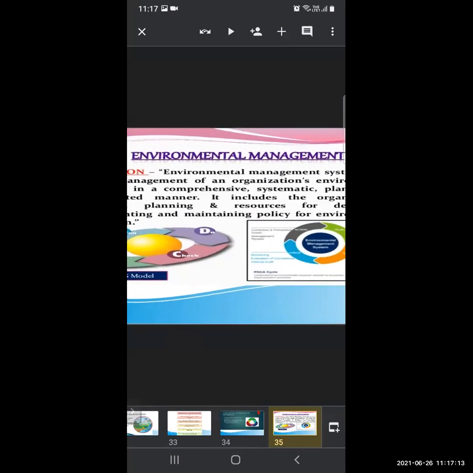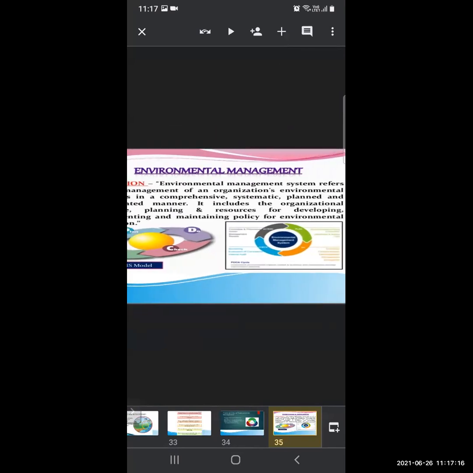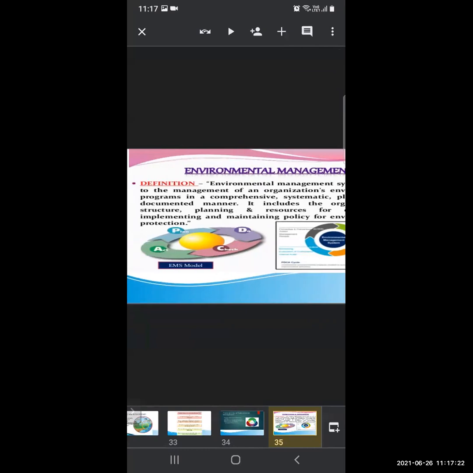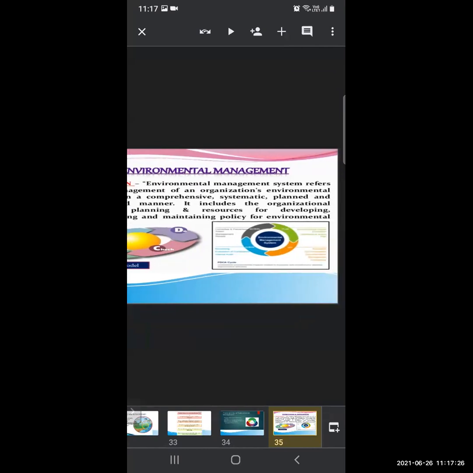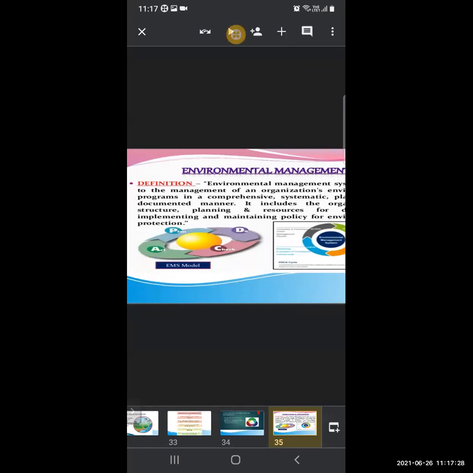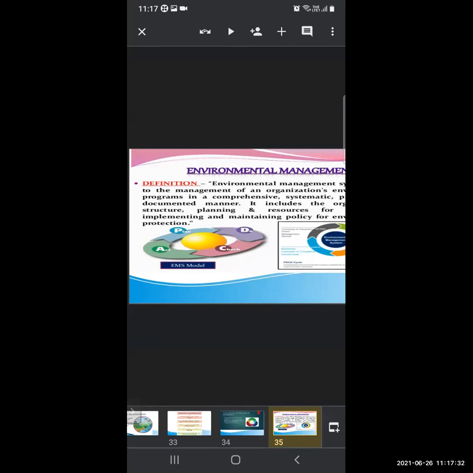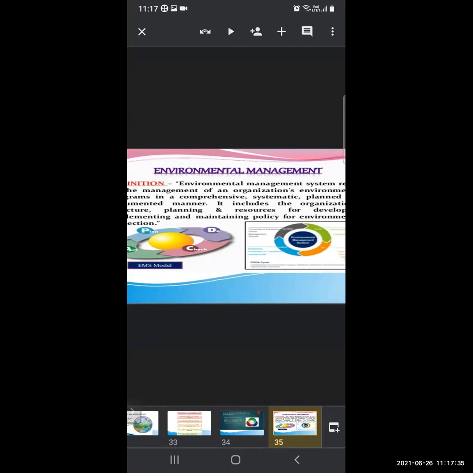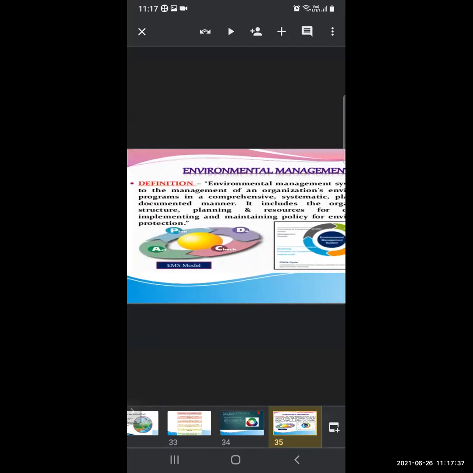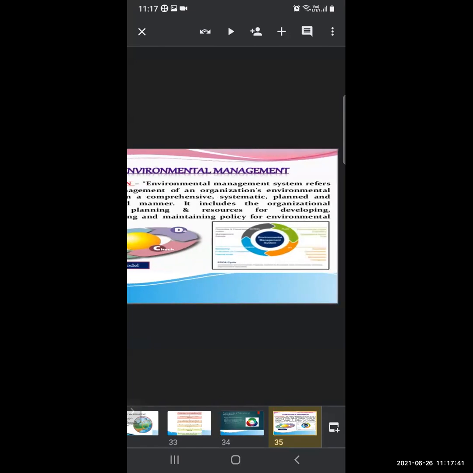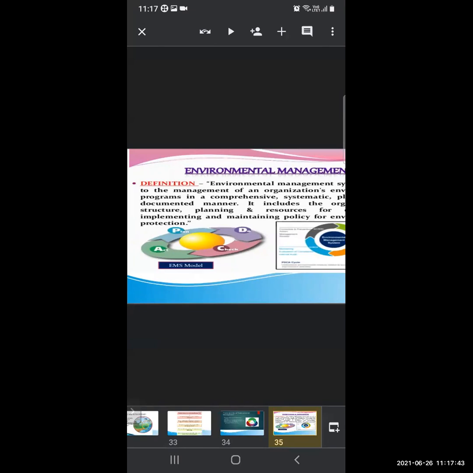What is the definition of environment management? Environmental management system refers to the management of an organization's environmental program in a comprehensive, systematic, planned, and documented manner. It includes the organizational structure, planning, and resources for developing, implementing, and maintaining policy for environmental protection.